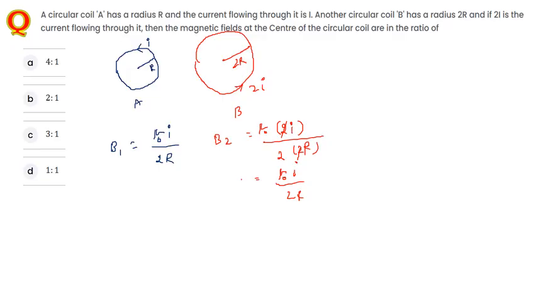That will be equal to B1. So B1 divided by B2 will be equal to 1 is to 1, or 1 by 1. So the answer in this case is 1 by 1.